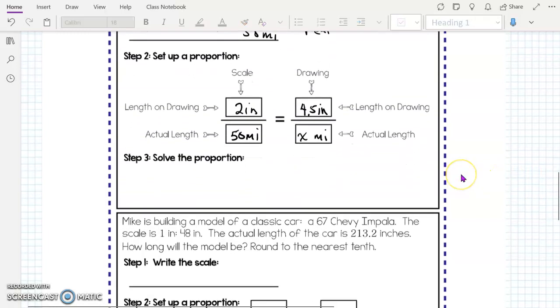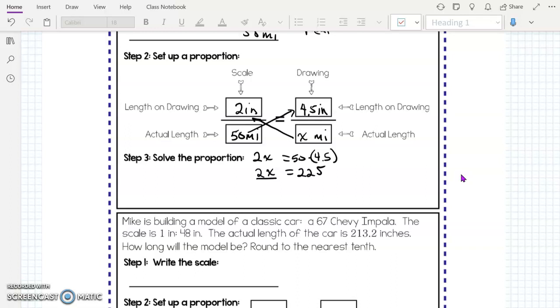Again, we've got a proportion, so we're going to cross multiply 50 times 4.5. And this way, we will multiply 2 times x, or get 2x. So 2x equals 50 times 4.5. Let's see. 50 times 4.5 is actually 225.